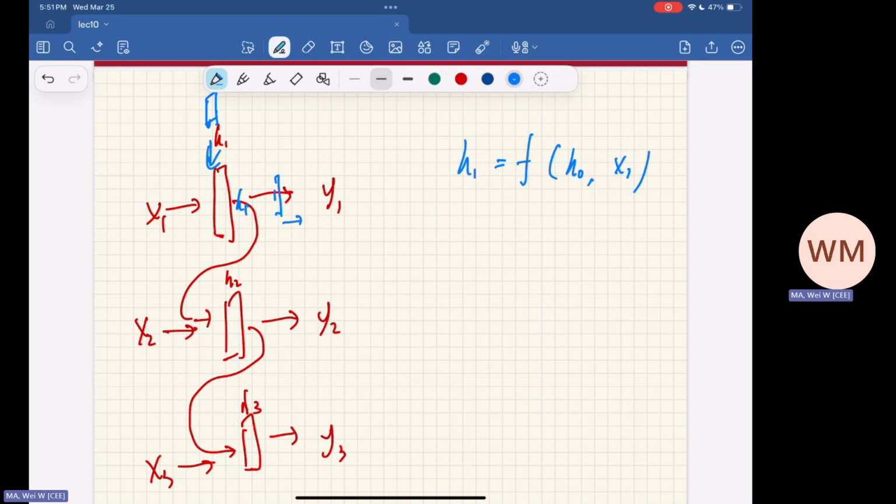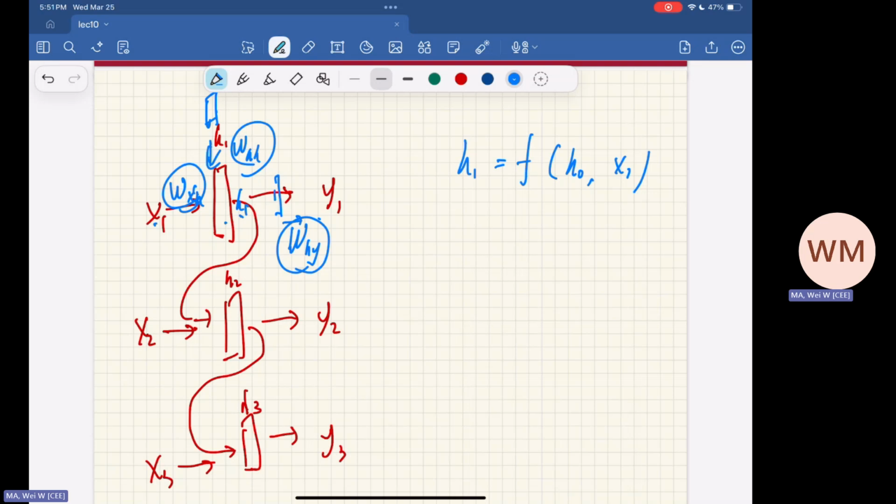So here you always have something like this, and then what you can do is assume that for X to H you have W_XH, for H to H you have W_HH, and for H to Y you have W_HY. So you only use these three parameters.